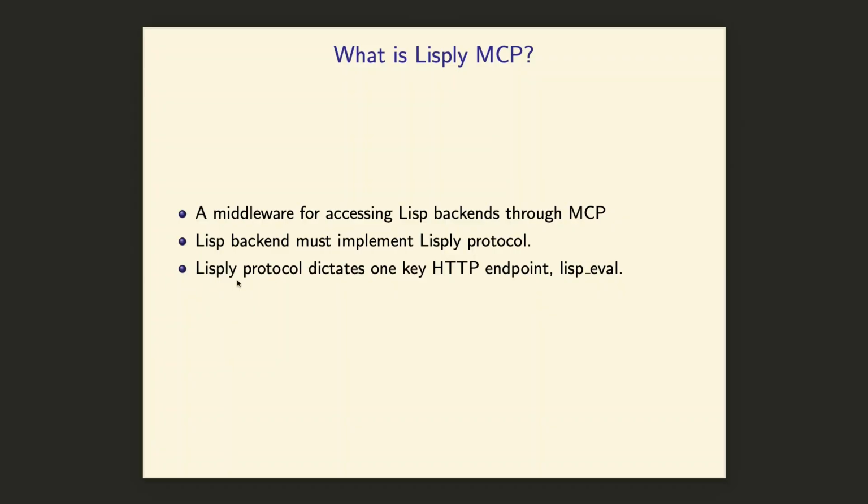If you want your Lisp backend to speak the Lisply protocol so that it works with Lisply MCP, it has to have an HTTP server in it, and you have to implement one endpoint. There are other ones you can optionally implement, but this one is required: Lisp eval. You have to implement an endpoint in your Lisp that can evaluate Lisp, and there's a built-in function to do that. It's called eval.